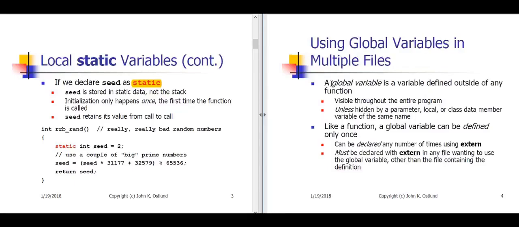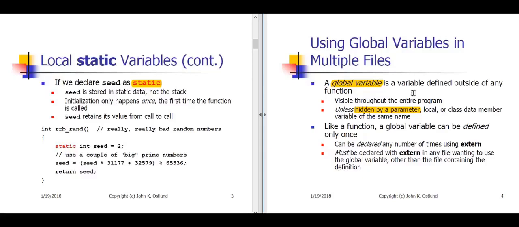We also talked about global variables. A global variable is a variable defined outside of any function and is visible throughout the entire program, except for nested blocks of code, such as functions with parameters that have the same name as the global variable, or that have a local variable that's the same as the global variable.